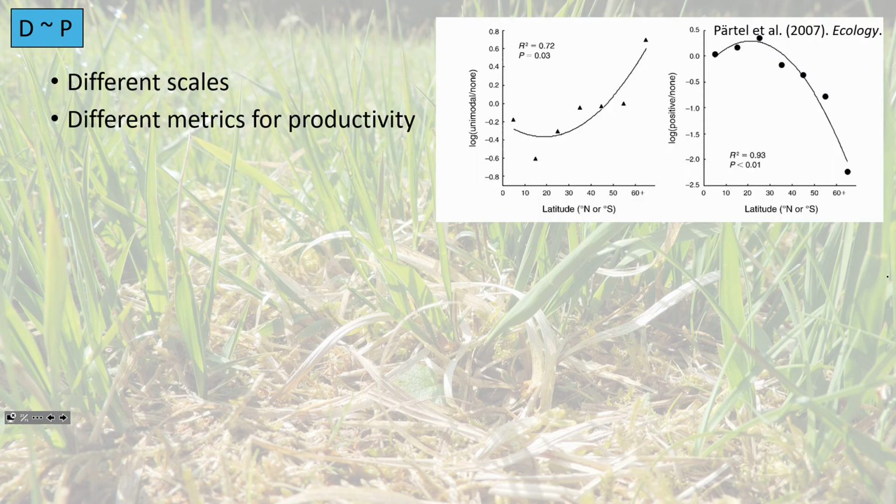The observational studies I've been talking about at the beginning are usually done at a region or sometimes even landscape scale, big scales, while biodiversity experiments are usually one locality and relatively small plots. In observational studies, there are often different metrics for productivity, while in BF experiments, it's basically just above ground biomass.